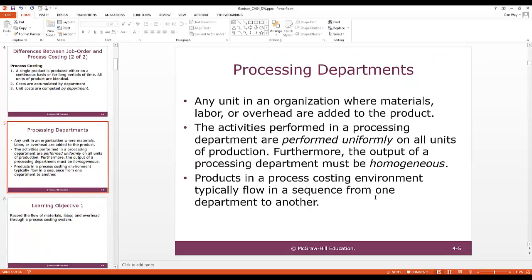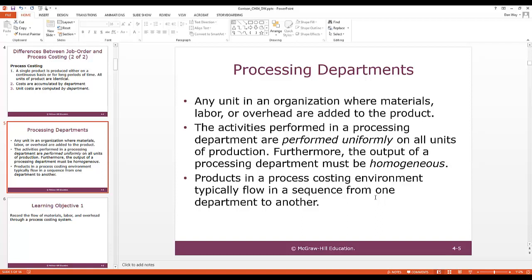So processing departments, just generally speaking, are any unit in an organization where some kind of materials, labor, overhead are added to those homogeneous products that we're talking about. The activities that are performed in a particular department are done, again, uniformly on all units of production, and then the output is once again homogeneous or the same. Nothing's really different. There's no customization.